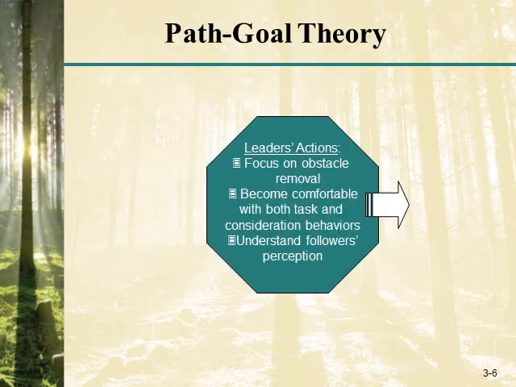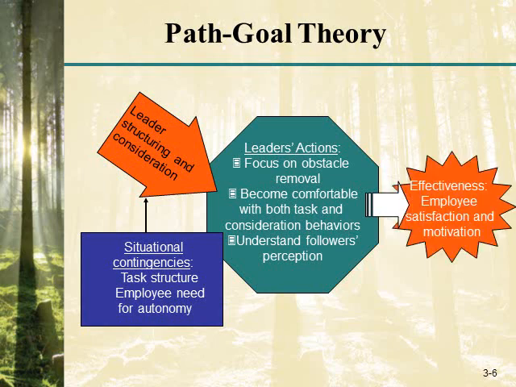If we move to the path-goal theories, here we can see that the leader's primary role is to motivate the followers in order to accomplish their tasks, as we see, by removing obstacles. So here the leader should have a good structure. He should focus on the situation, like task structure and employee need for autonomy.